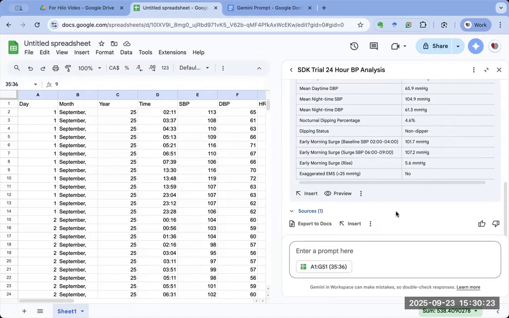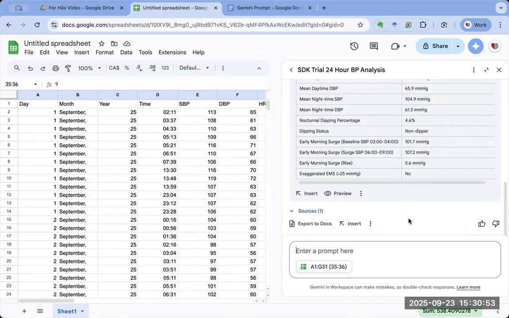But in the traditional ambulatory blood pressure test, that was only for 1 day or maybe a maximum of 7 days. And manually recording bedtime and wake up time for 7 days is easier than doing it for like 1 month. But if you find that this is really abnormal, then I would suggest you manually note down your bedtime and wake up time, and then calculate the early morning surge.